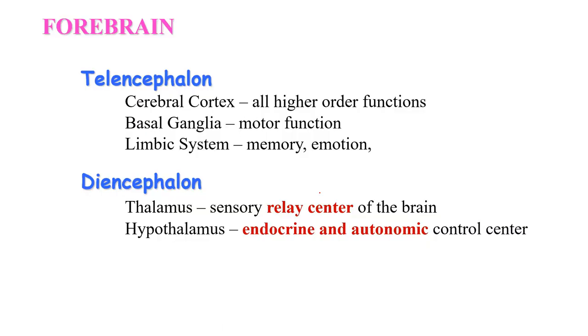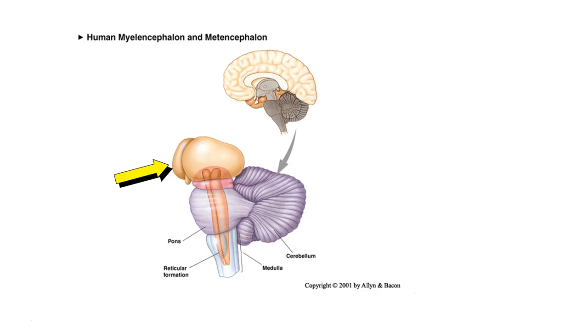So we talked about the telencephalon. We're going to tackle the diencephalon, which is the next structure posterior or caudal to the telencephalon. The diencephalon contains 2 major structures, the thalamus and hypothalamus. The thalamus is considered the relay center of the brain, whereas the hypothalamus handles all endocrine and autonomic control of the brain.